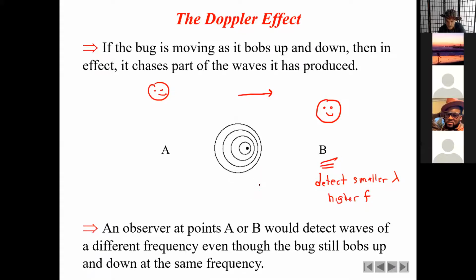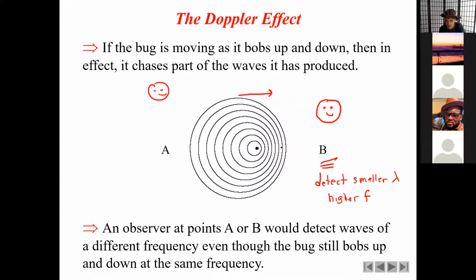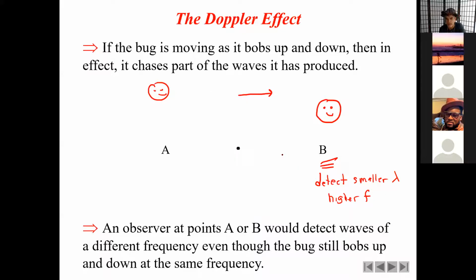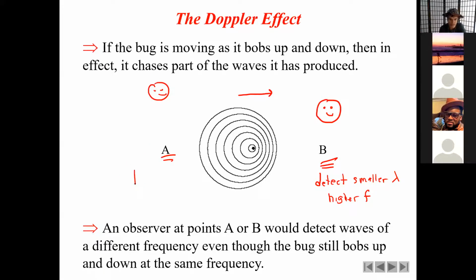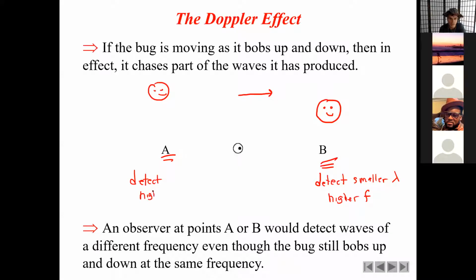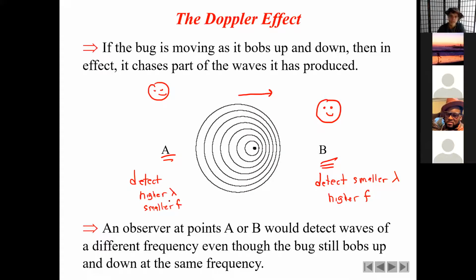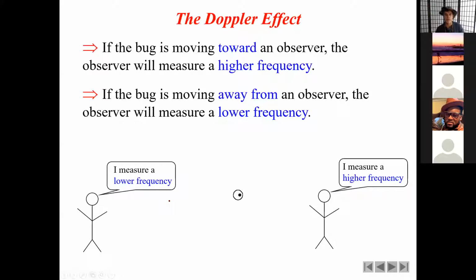So you can see the distance between the 2 circles, that would be the same thing as the wavelength. It's smaller if it's moving towards B, but for A, what they're going to detect is a bigger wavelength, but a smaller frequency. This is what we call basically the Doppler effect.